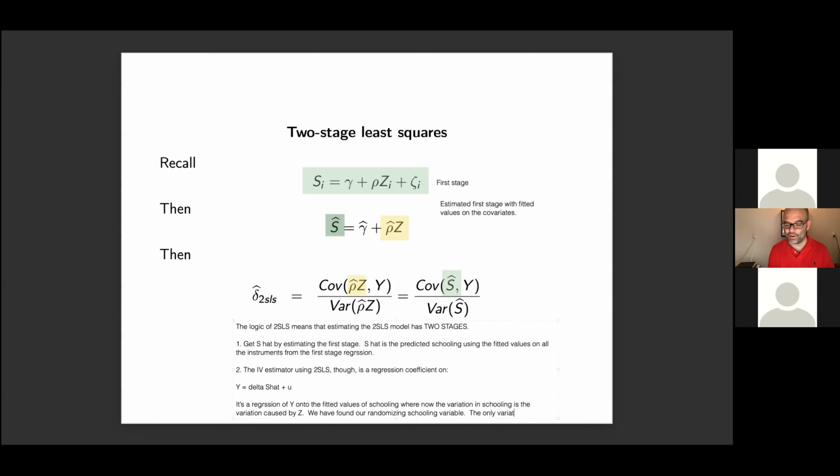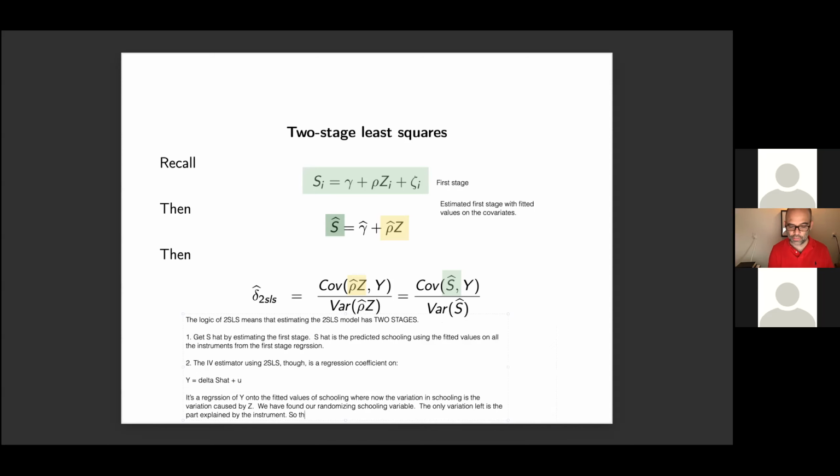The only variation left is the part explained by the instrument. Okay? So there is less variation in schooling now, which should cause standard errors to rise in smaller samples, definitely.